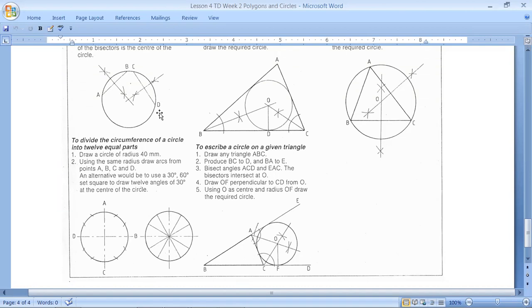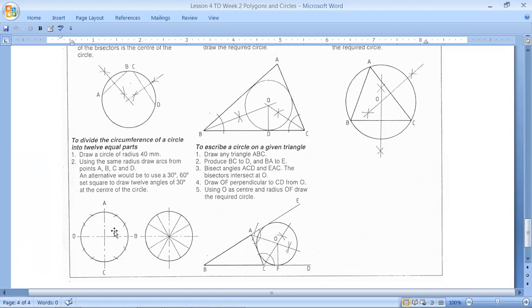If you have a circle and you don't know the center, just create a chord, create another chord here, 2 different sectors. And then you bisect the sectors into 2 equal parts. The intersection of the 2 bisector lines will give you the center of the circle.